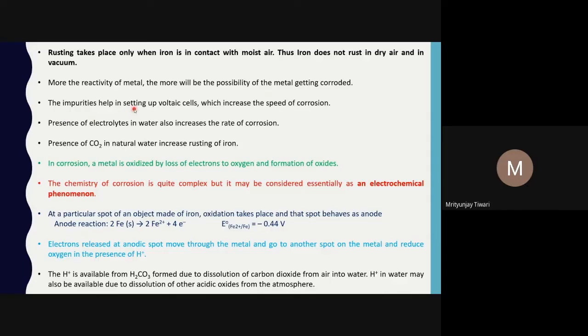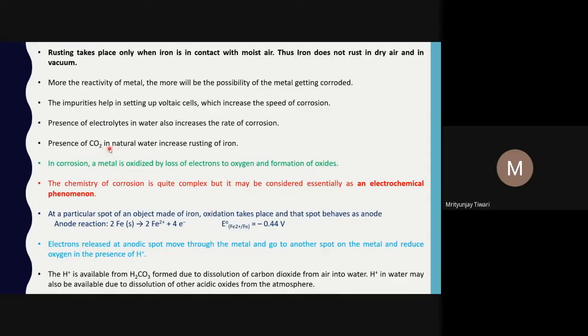The impurities help in setting up voltaic cells. So voltaic cells means we are now talking about the electrochemical process of corrosion, which increases the speed of corrosion. The presence of electrolytes in water also increases the rate of corrosion, because the water contains certain minerals, though in very small concentration, and those minerals act like electrolytes.